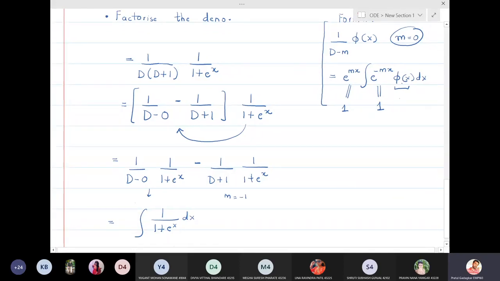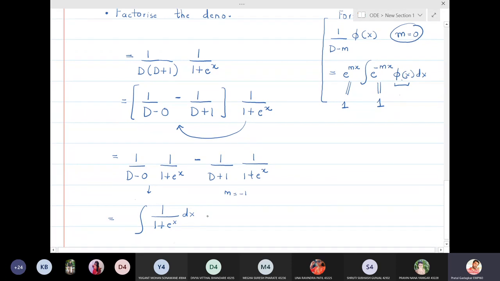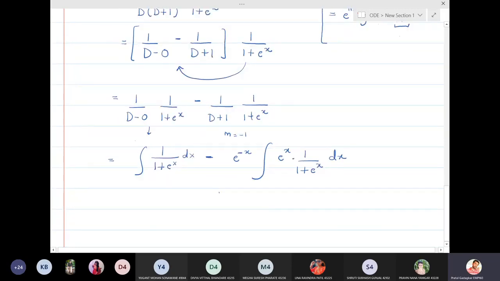So what is the answer then? This is minus e raised to minus x, integration e raised to x into phi x, which means the right hand side, 1 upon 1 plus e raised to x dx. Right?